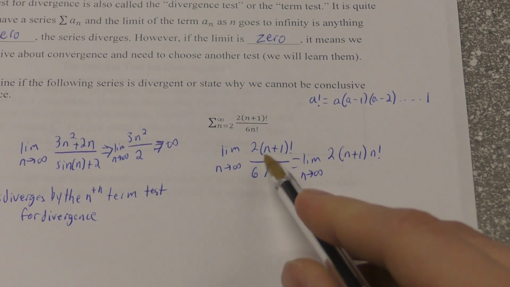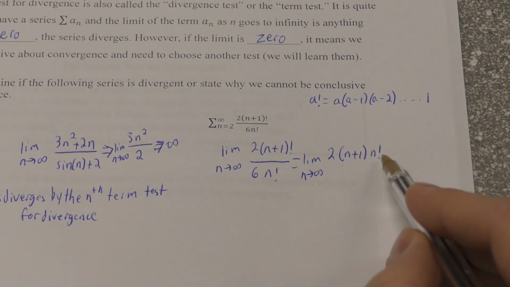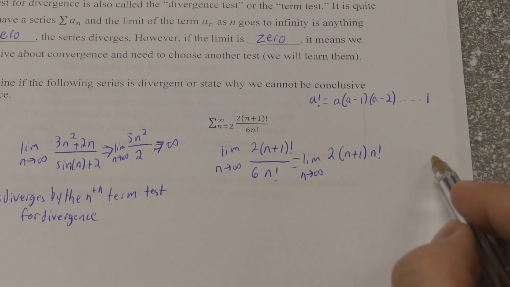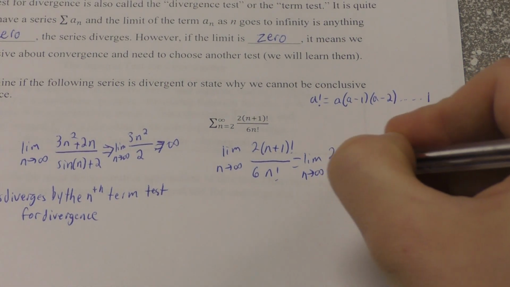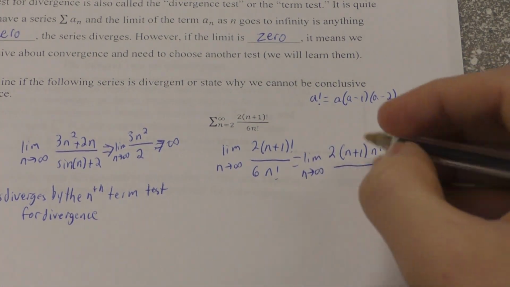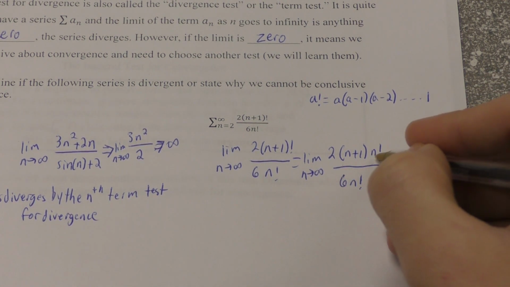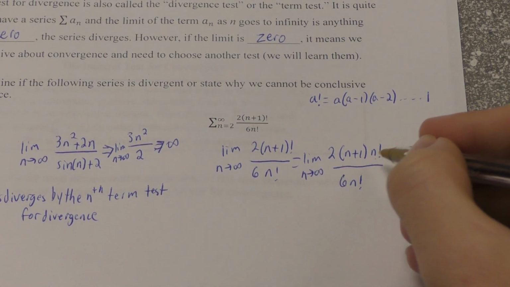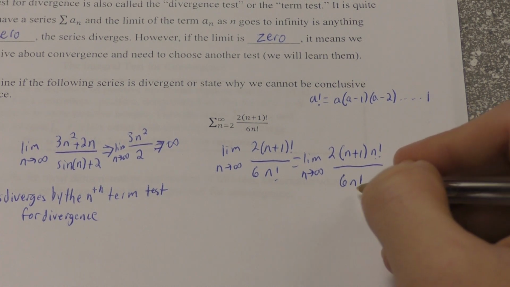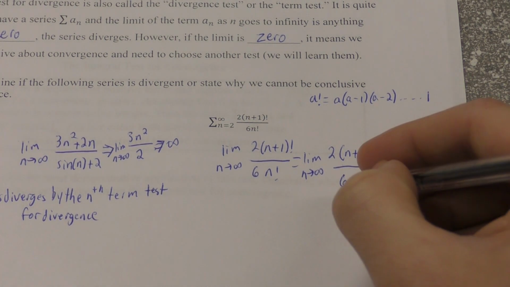(n plus 1) factorial is (n plus 1) times n times (n minus 1) times (n minus 2) times (n minus 3). And 6 times n factorial, well, that's just 6 times n factorial, and I'll see that this multiplication thing that this represents, n times (n minus 1) times (n minus 2), will cancel out with n factorial down here.